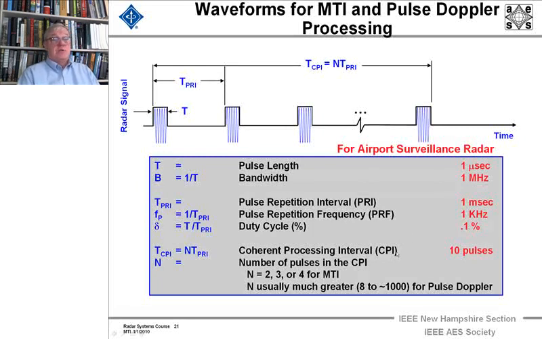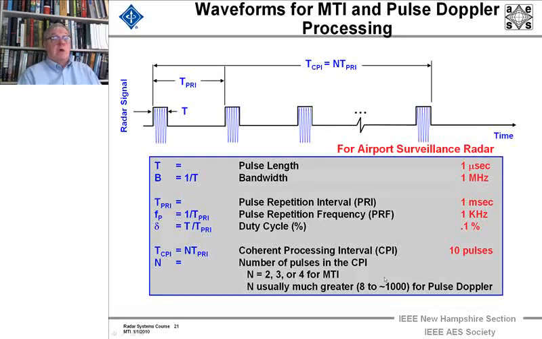The coherent processing interval of the ASR-9, an airport surveillance radar, is 10 pulses. Some airport surveillance radars operate in the MTI mode, and they'll use 3 pulses coherently, and then the next 3, and then the next 3, and then they'll non-coherently add the results of those.